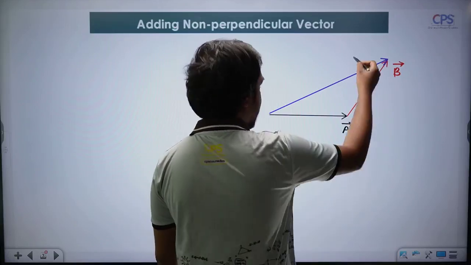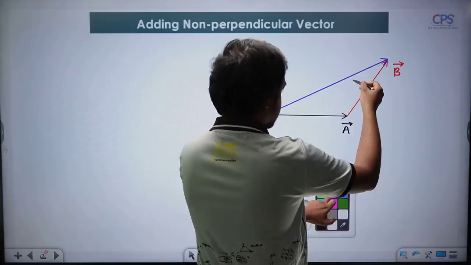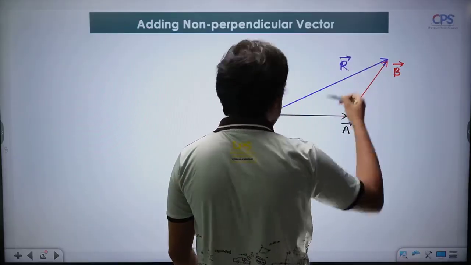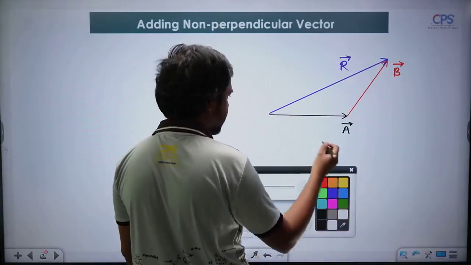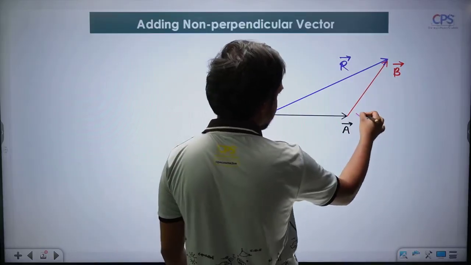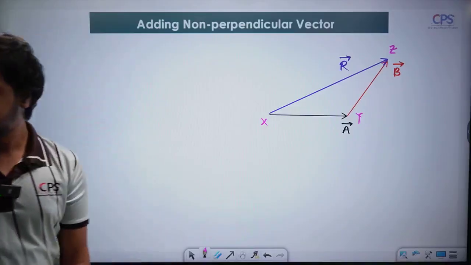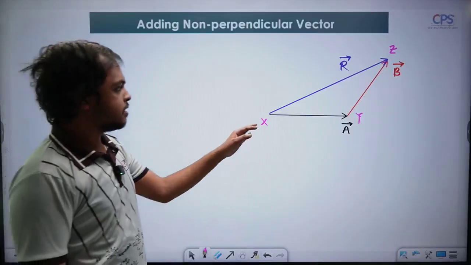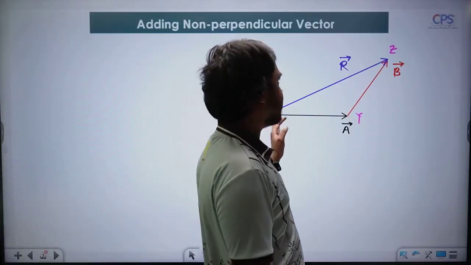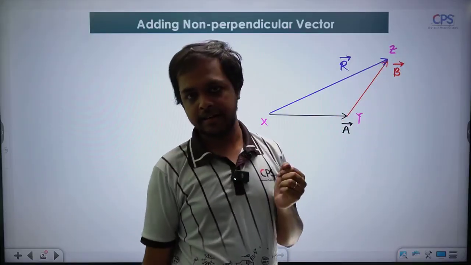Let's say this is the R vector, and this triangle has points X, Y, and Z. The R vector is represented by this XZ arm of this XYZ triangle, right?